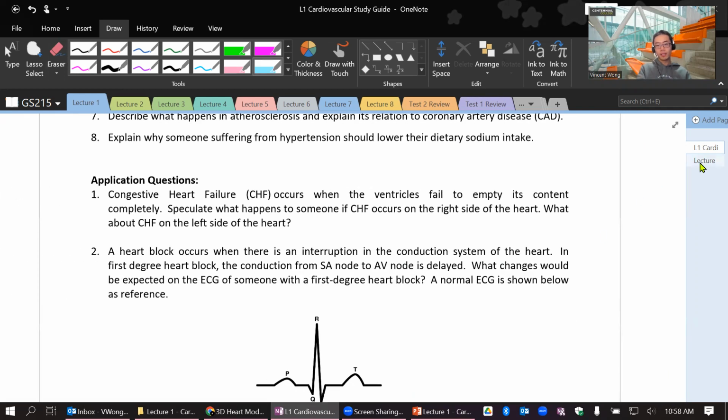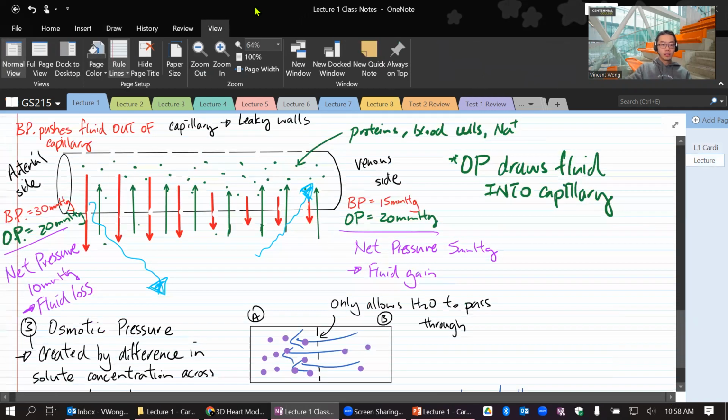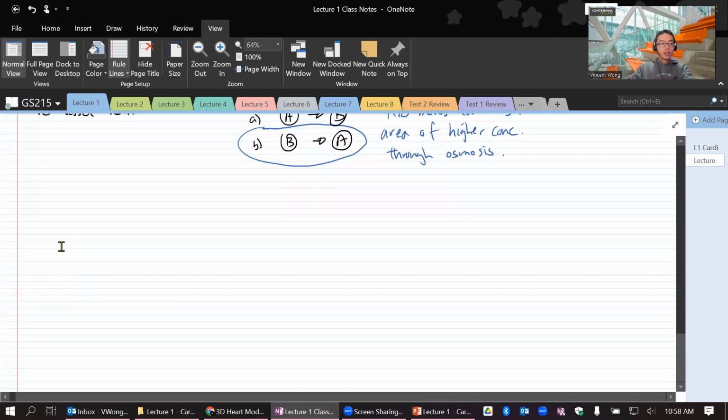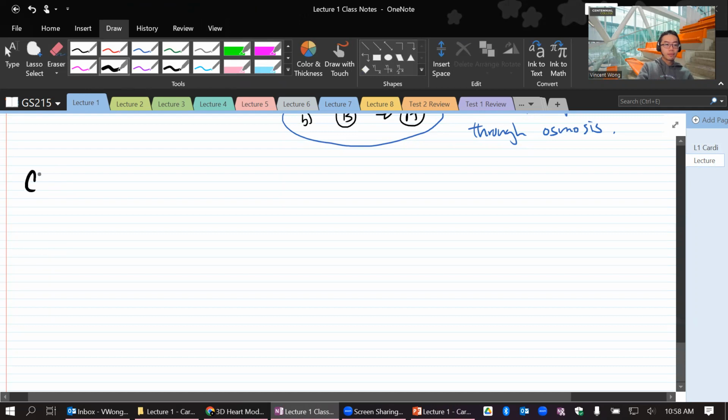You know what? I'll just explain it in the notes right here. So congestive heart failure. I'm just going to draw the typical heart, and then we have 4 chambers here.